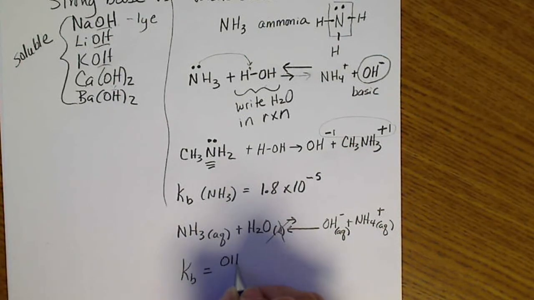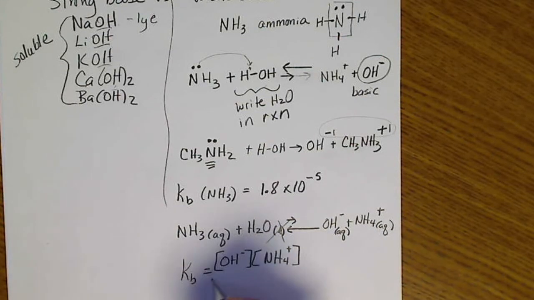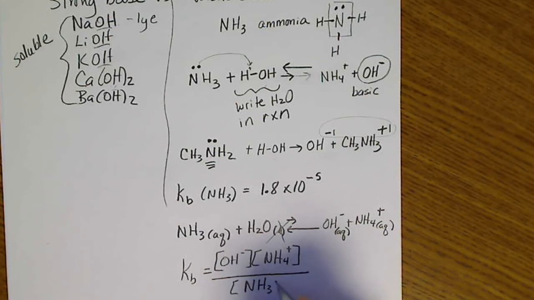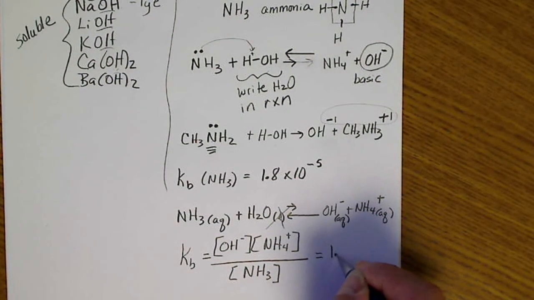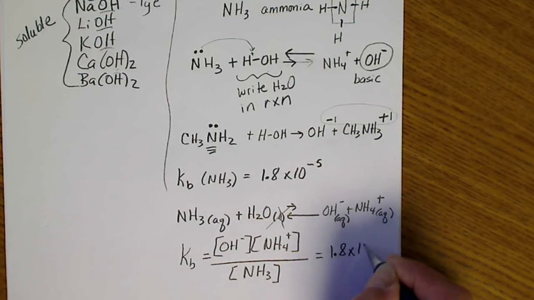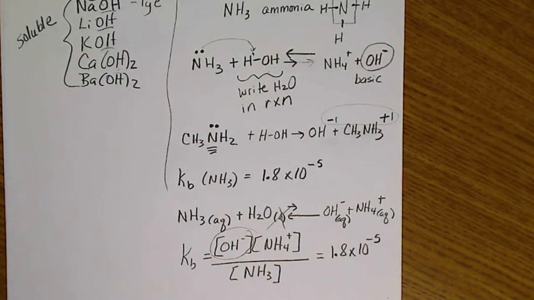So this will be our concentration of OH minus times the concentration of the ammonium ion over the concentration of the reactant NH3. And if we set this equal to the equilibrium constant that we are going to get out of the table, then we can solve for OH minus. So we'll leave that for a future podcast.